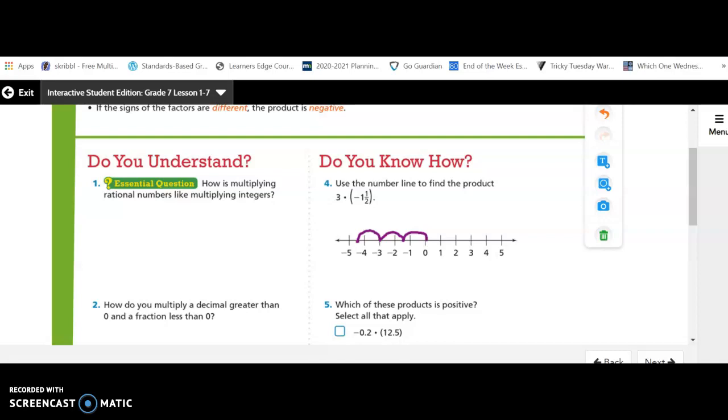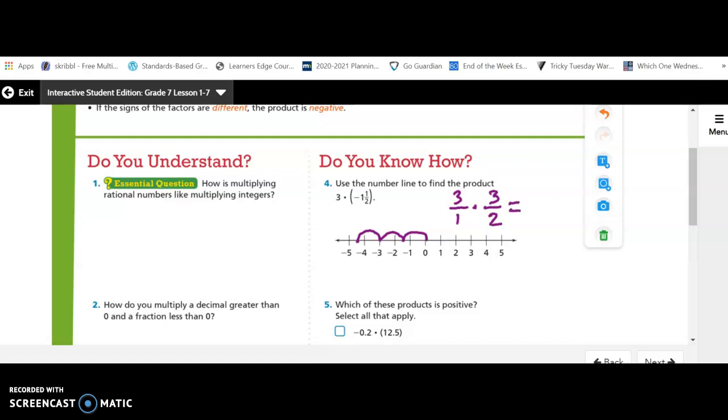3 can still be written as a fraction. 3 over 1 is the same as 3. And if I think about 1.5, 2 times 1 is 2, plus 1 is 3, and so I have 3/2. Okay, 3/2. When I multiply, there's nothing that can cross simplify here.